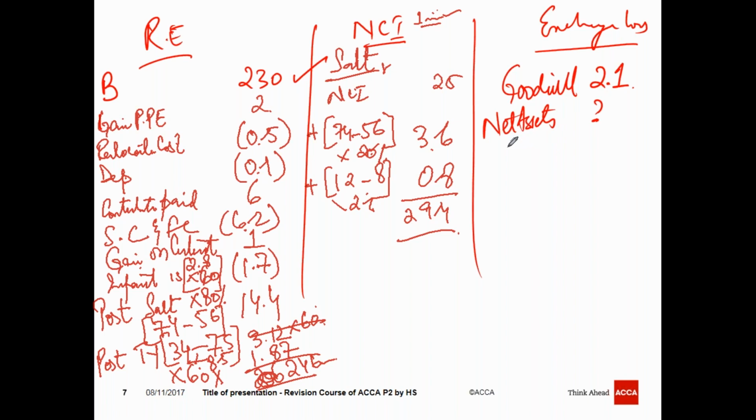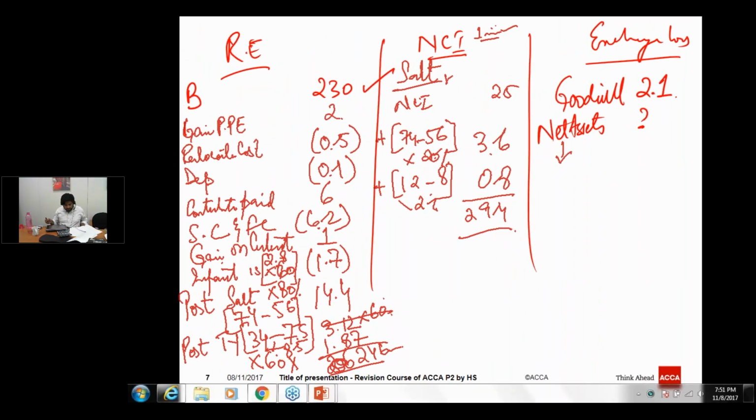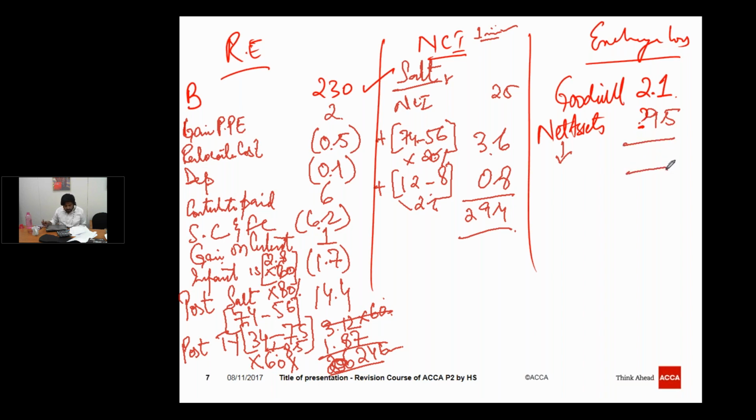The exchange gain or loss on opening net assets and the drawings is 9.5, and the total exchange losses is 11.6.